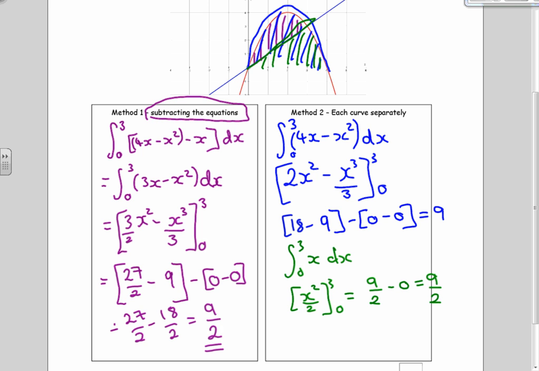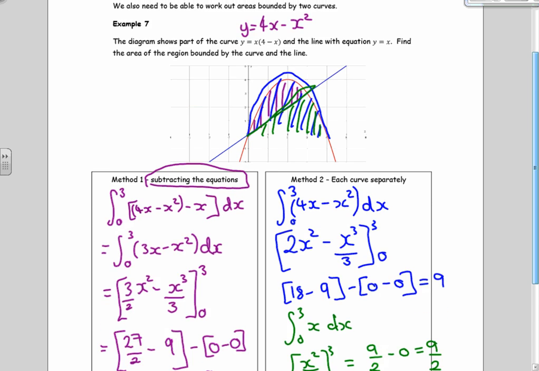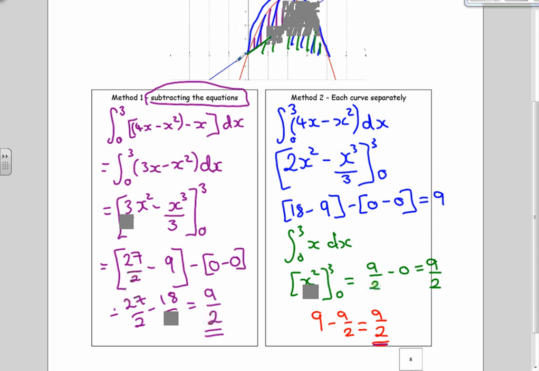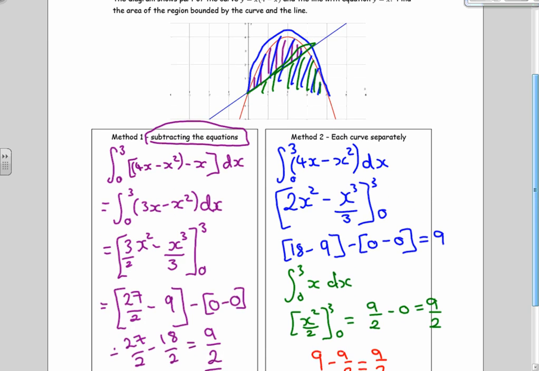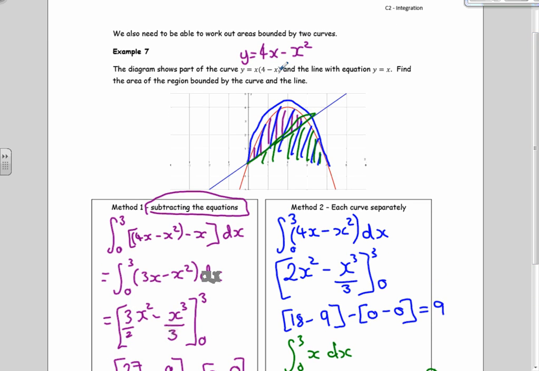To get my final answer, I'm doing 9 minus 9 over 2, which leaves me with 9 over 2. So no matter which method you decide to use, you end up with the same area between the line y equals x and the curve y equals x times 4 minus x.